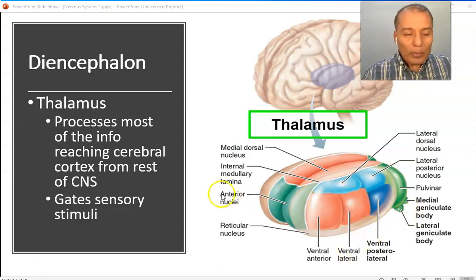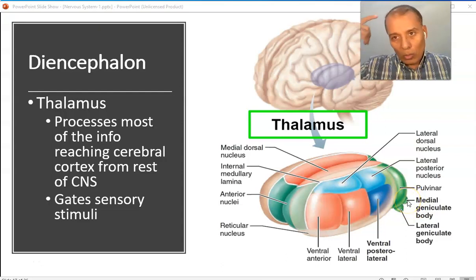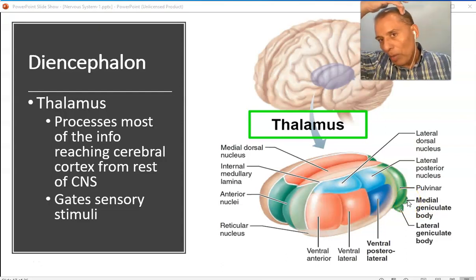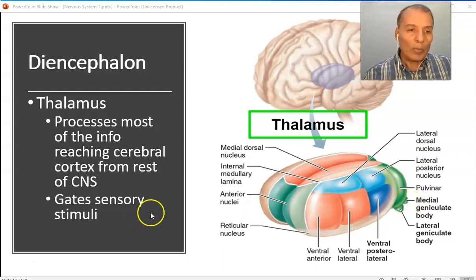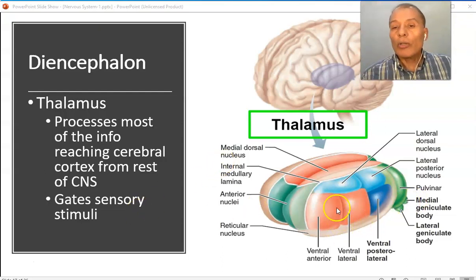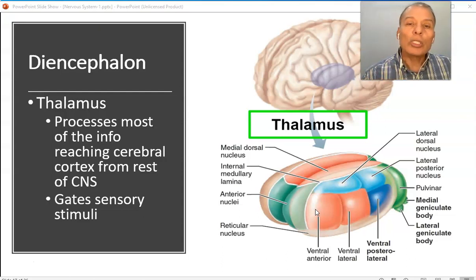The major input that goes to the primary auditory cortex comes from the medial geniculate body. So the thalamus generally serves as a gating mechanism to control sensory inputs and sensory outputs.